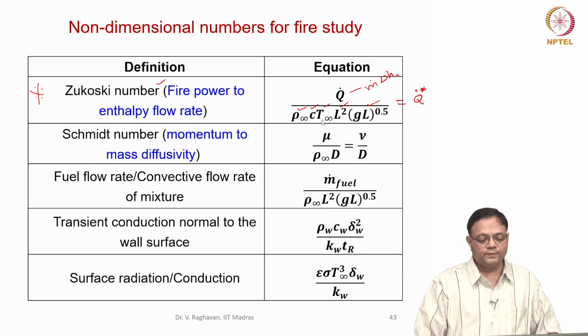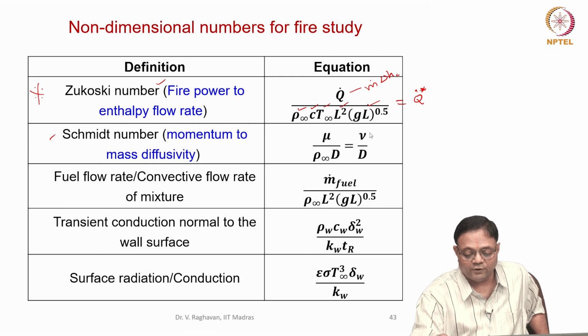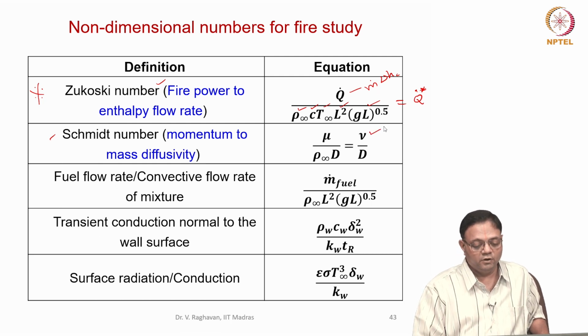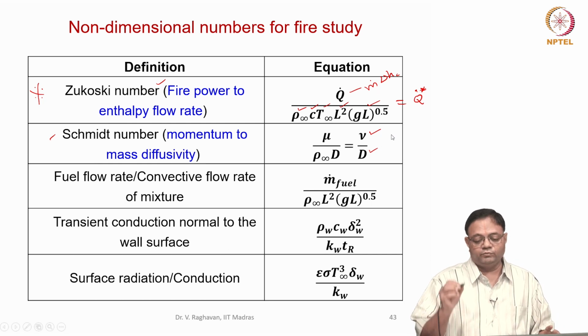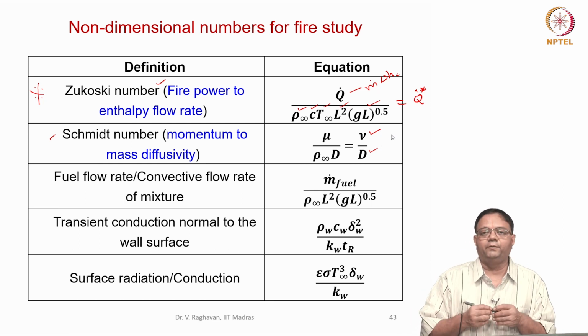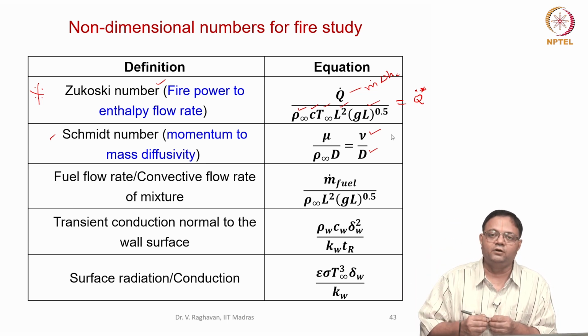That's it. Then another ratio of diffusion coefficients is called the Schmidt number, where I have the ratio of the momentum diffusion coefficient to the mass diffusivity. One thing to understand here: the mass diffusivity is a property of any two species in combination.